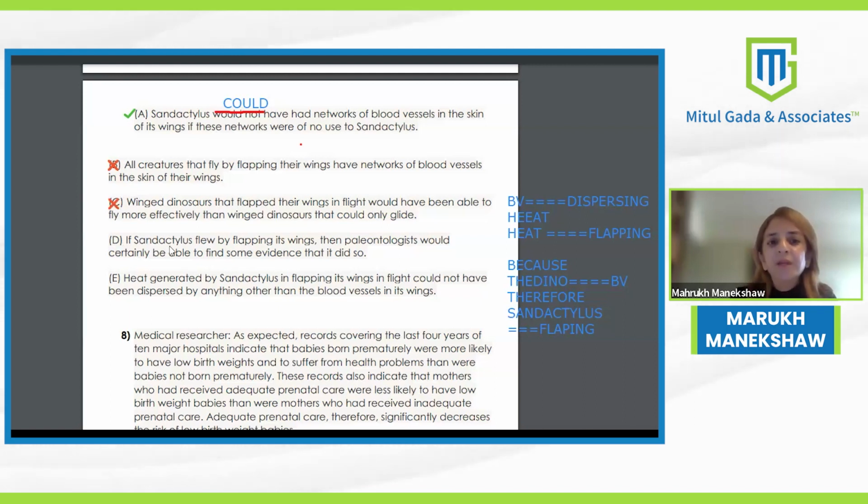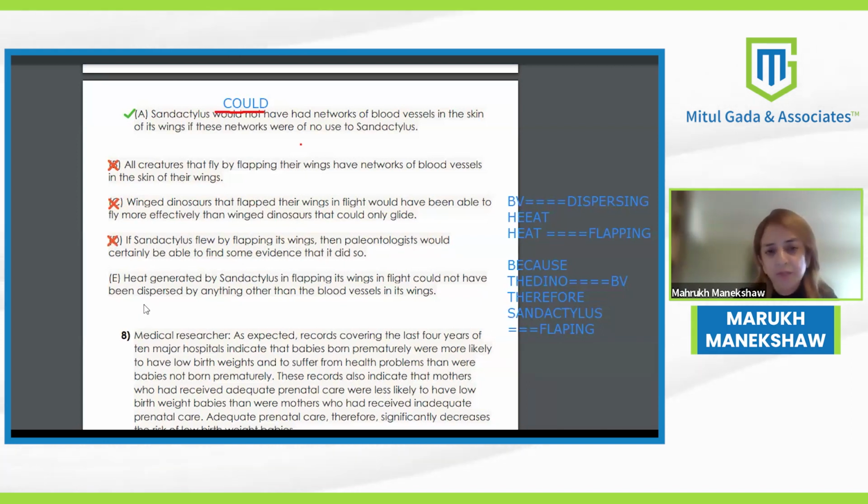D says if Syndactylus flew by flapping its wings, then paleontologists would certainly be able to find some evidence that it did so. Well, the evidence used here is the existence of blood vessels. The presence of another one would help, or would have been found, is of no relevance. So again, D cannot be the correct answer.